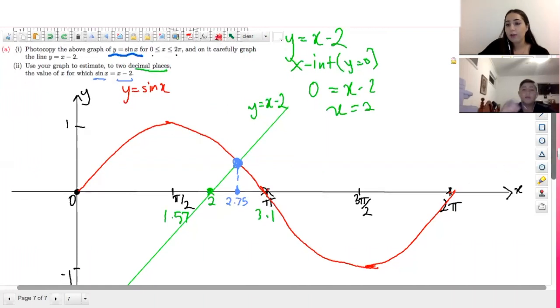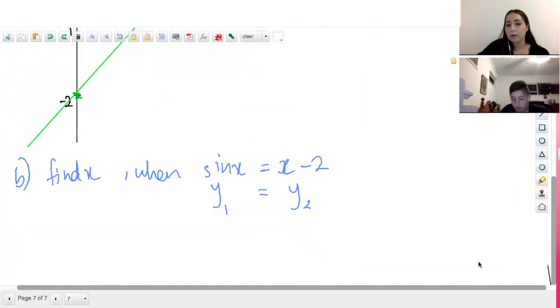So what do you think you can do now? If it's halfway between 2 and pi, you want to find the midpoint.